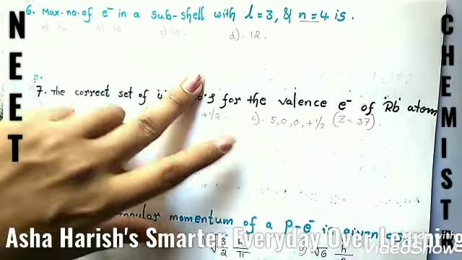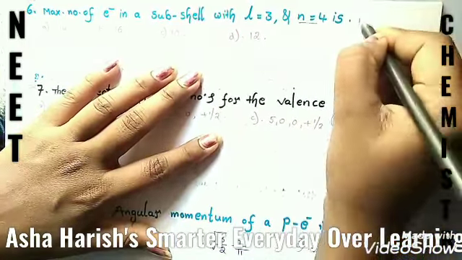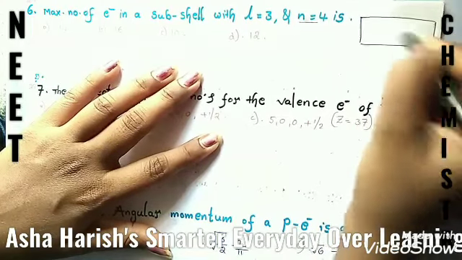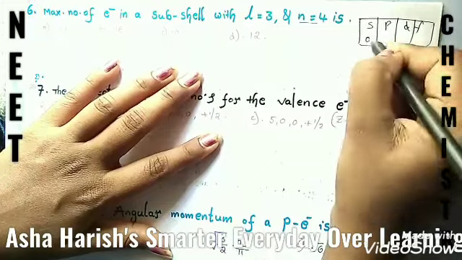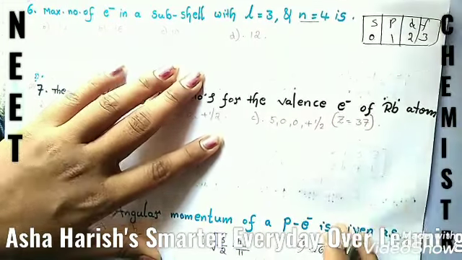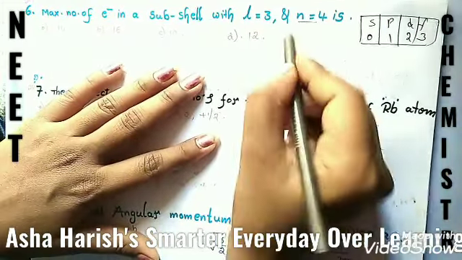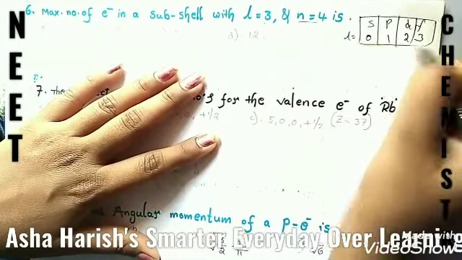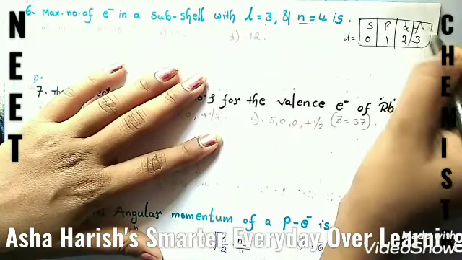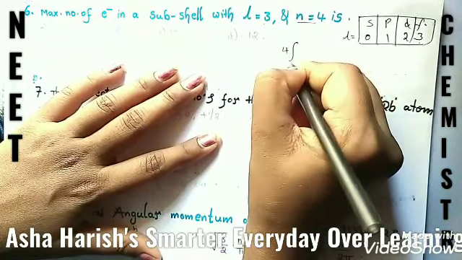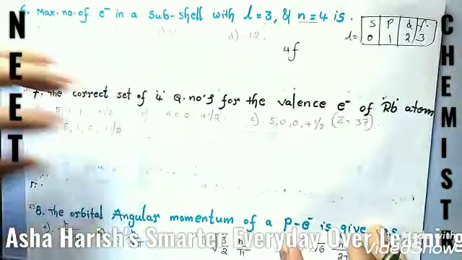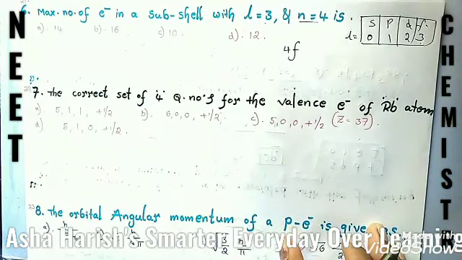Which orbital does it represent? Based on s, p, d, f, the l values are 0, 1, 2, 3. For l equal to 3, the subshell will be the f orbital. Since the n value is given, we can finalize that it is the 4f orbital.